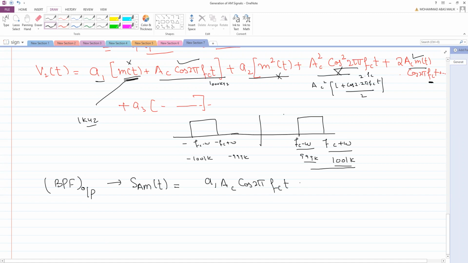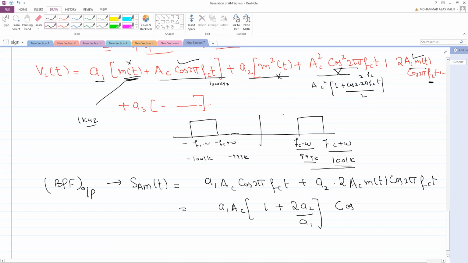This one will be passed, plus A2 into 2 Ac m(t) into cos of 2 pi Fc t. Now you take common a few values: A1 and Ac are common, then you will get 1 plus 2 A2 divided by A1, m(t), and cos of 2 pi Fc t. This is your final value.